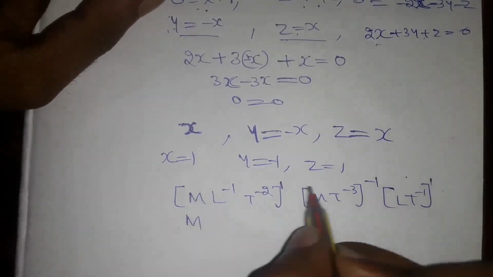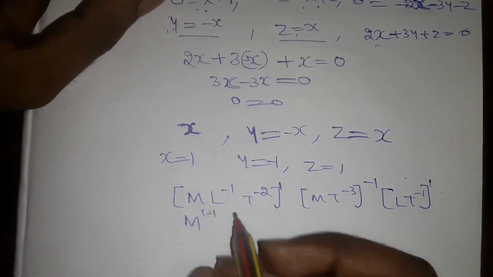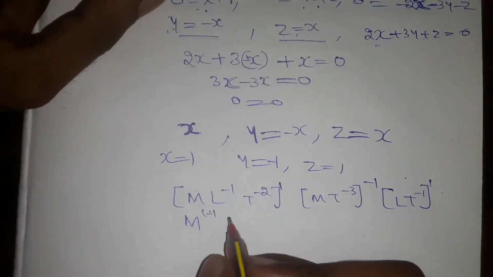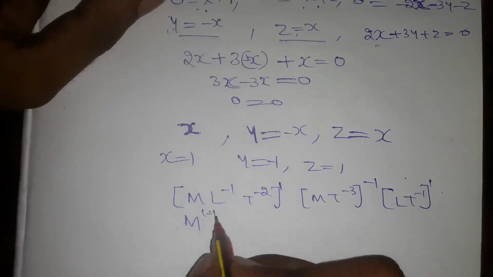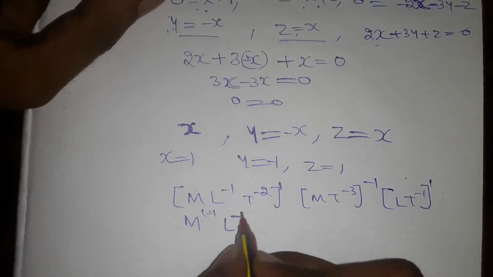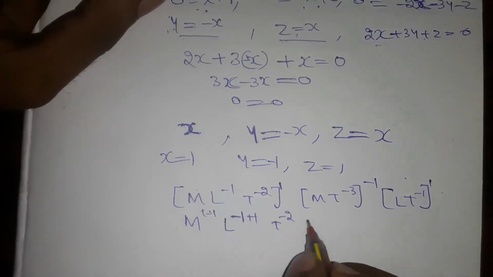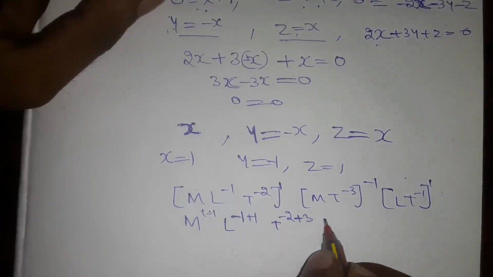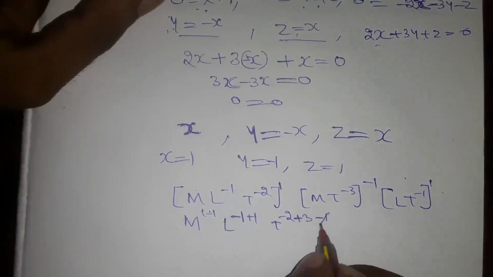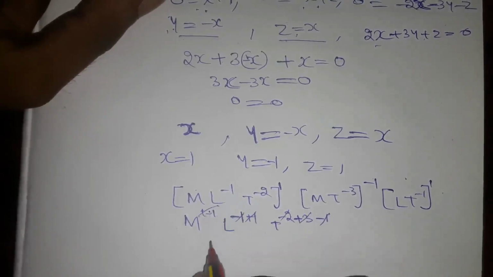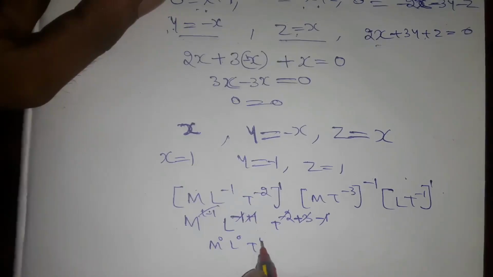So M is plus 1 and minus 1, L is minus 1 and plus 1, T is minus 2 plus 3 minus 1. So we are getting M^0 L^0 T^0.